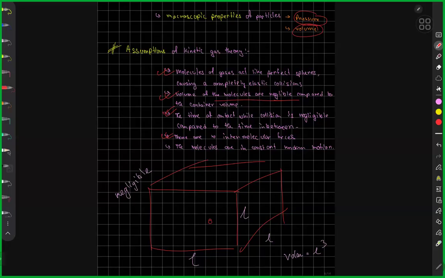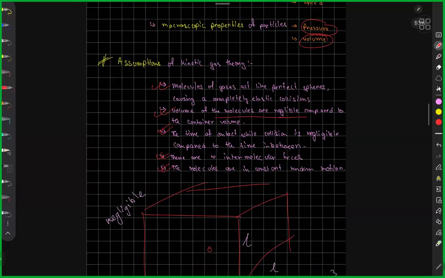Because we assume the potential energy between every one of the particles to be zero. So when you have zero intermolecular forces, your potential energy is zero. That is why this assumption is important.